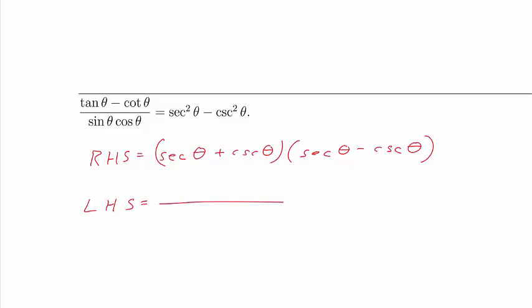So let's look at the left-hand side. And let's go ahead and break it up into sines and cosines. So tangent, well, that's going to simply be sine theta over cosine theta. And then cotangent is the opposite, cosine theta over sine theta. And then here we have this right here.